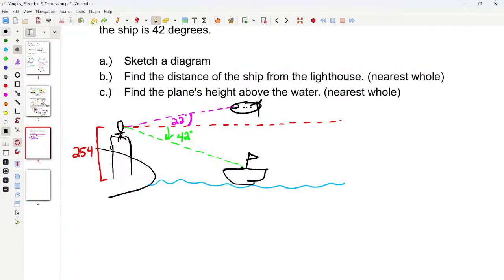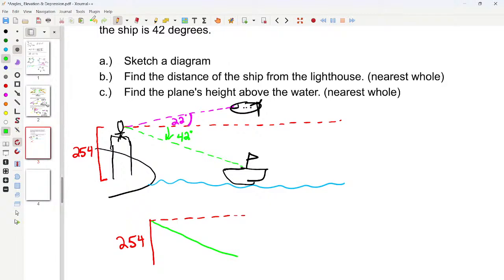So I'm going to use my diagram and just draw this. That's 254. And that's X.